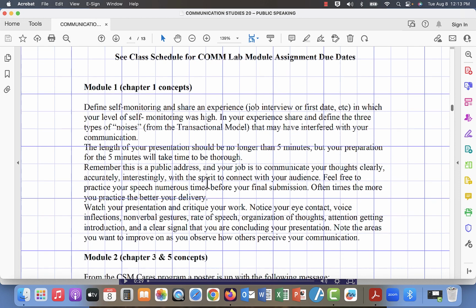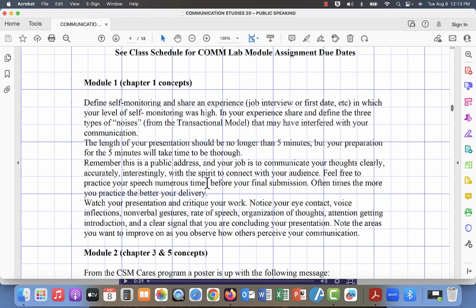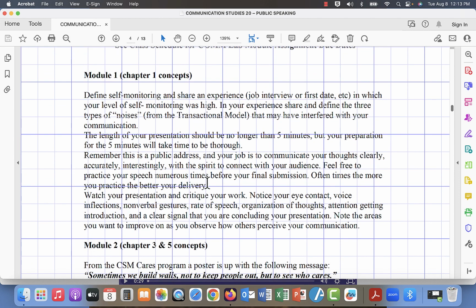Here I have a very brief description of each of our Comm Lab modules. Now, what I need you to understand regarding the Comm Lab modules is I'm asking you a specific question, and the content comes directly out of your textbook. If we take a look at this first module, I would like you to define self-monitoring.